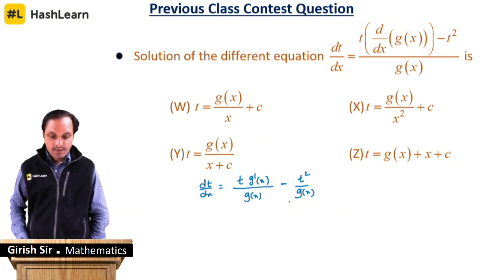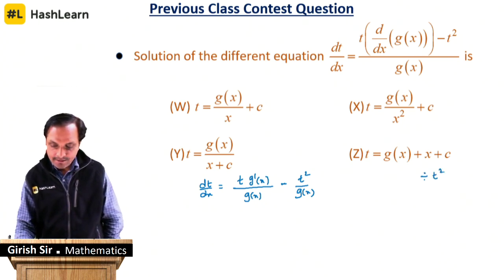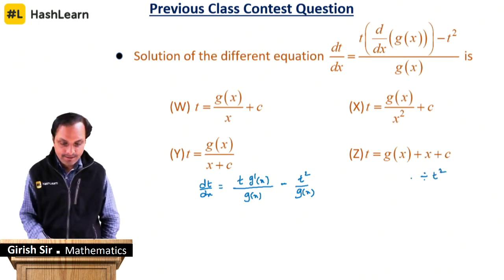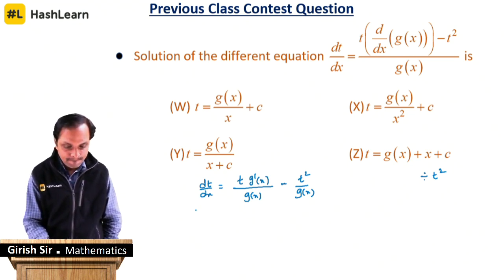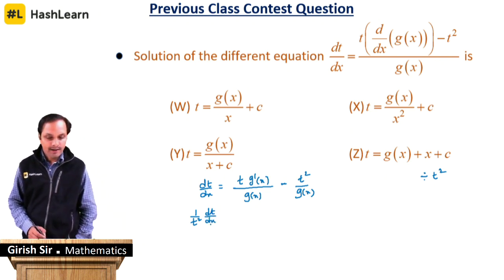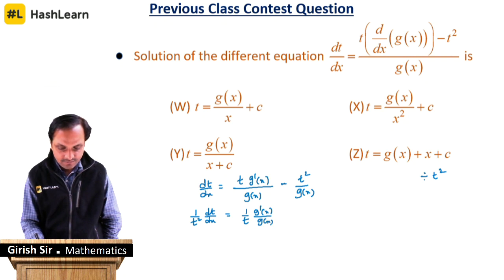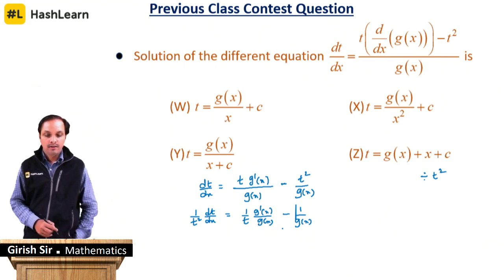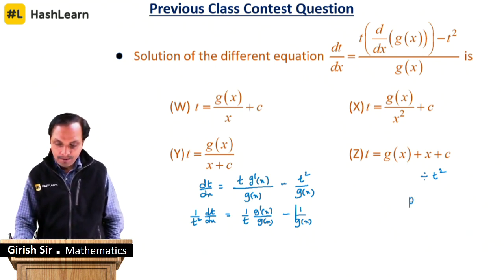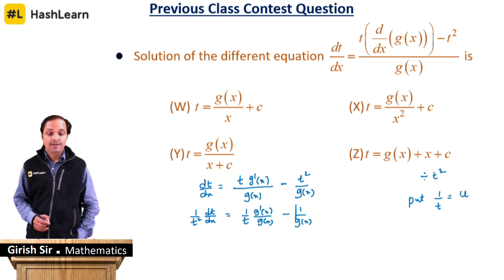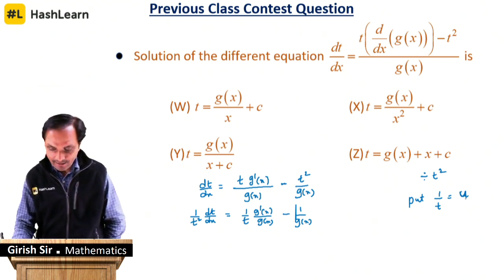Okay, so you divide by t square throughout, so this becomes dt by dx 1 by t square, and this part will become 1 by t g dash of x by g of x, and this becomes 1 by g of x. Now put 1 by t is equal to u, very very important step, or you can put 1 by t is equal to y.